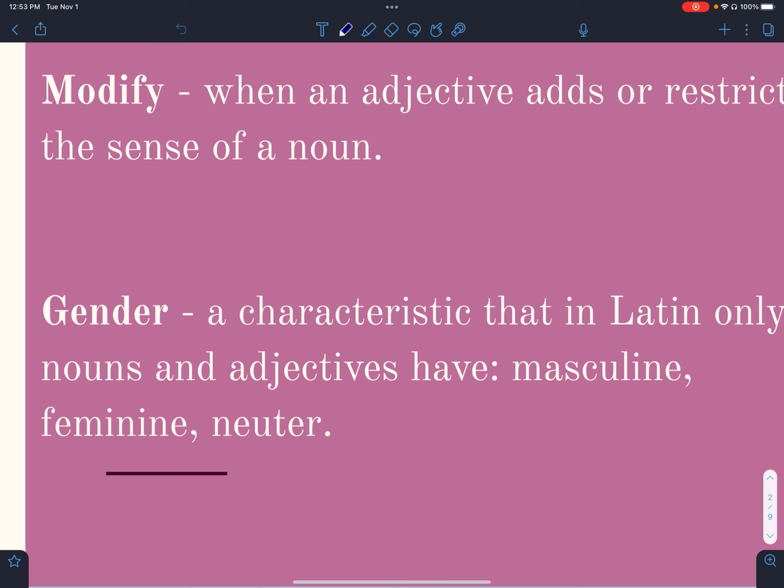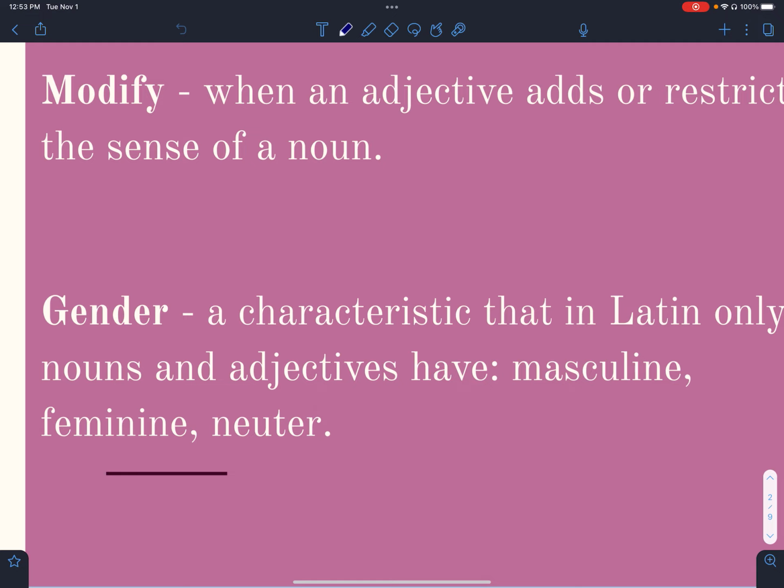In English, adverbs don't just go with verbs; they can also modify an adjective. But that's just English. In Latin, it's a very strict demarcation. You've got nouns and adjectives, and then over here you've got verbs and adverbs. Make sense? Okay.